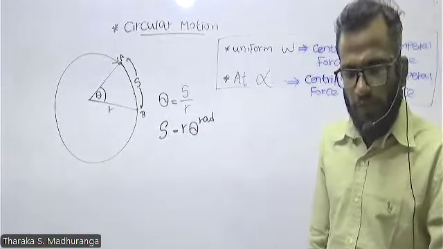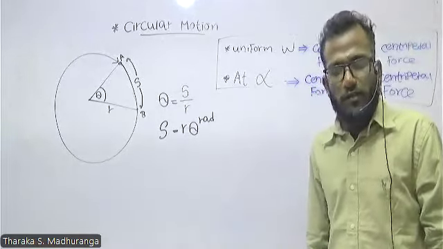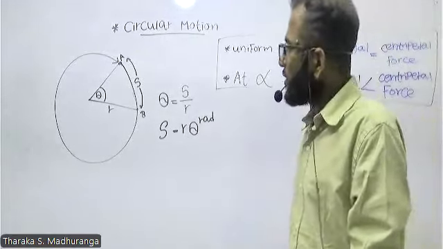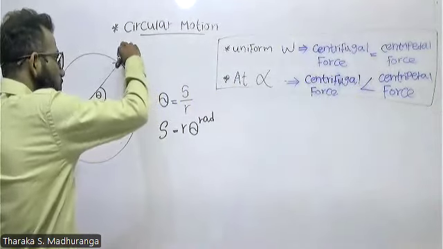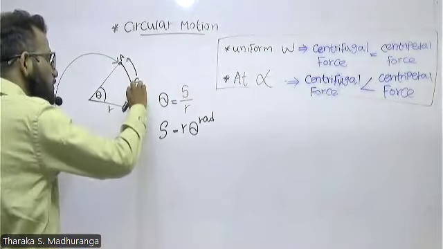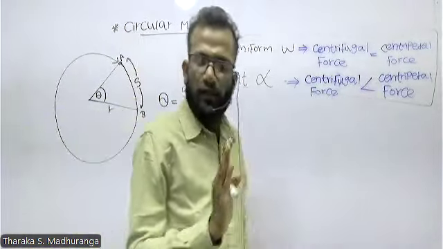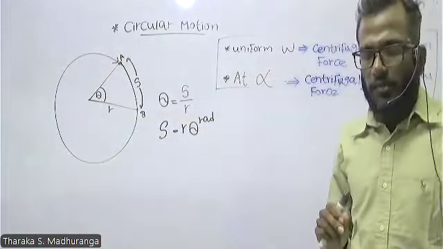This is the equation I explained. What does s mean? For a circular motion object, the moving distance, the rotating distance, is the arc length. It is s. Then s equals r theta is coming.